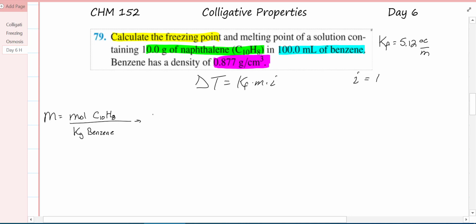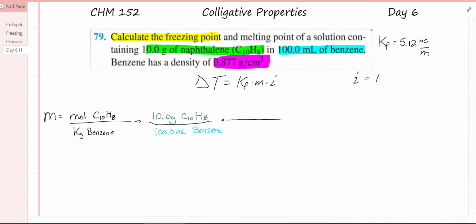I have 10 grams of C10H8, and we have 100 milliliters of benzene. So what do we do? Well, let's convert. Well, grams to moles. I think we can do that.